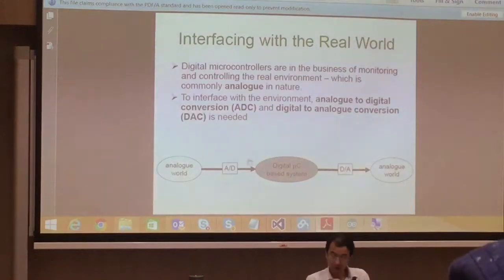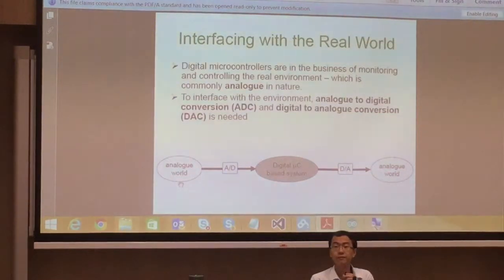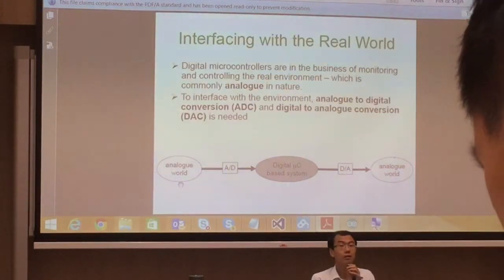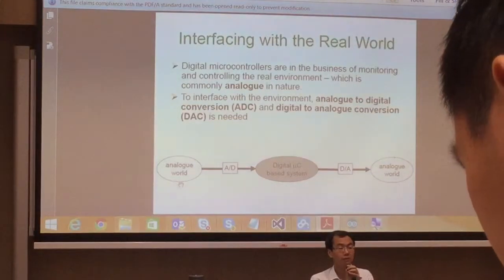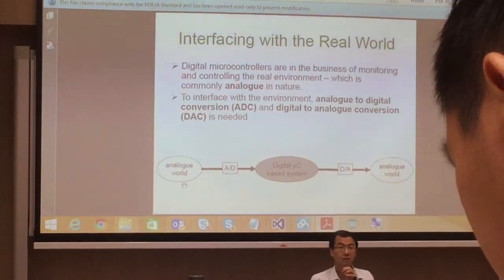If you look at the diagram here, actually our world is an analog world. The digital world is created by human beings, by our scientists.